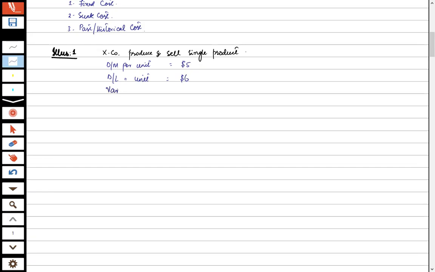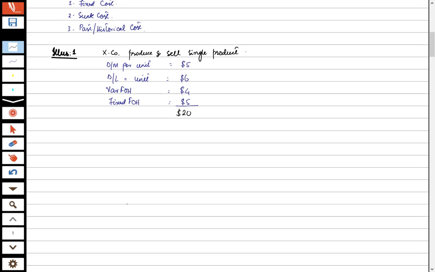Variable FOH is equal to $4, fixed FOH is equal to $5. In this way, our total manufacturing cost amounts to $20.